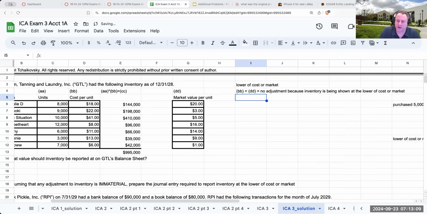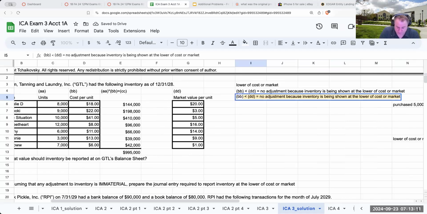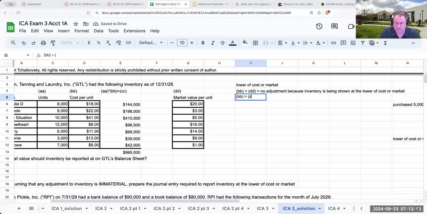However, if the cost is greater than the market value, we're going to have to make an adjustment on a per unit basis.